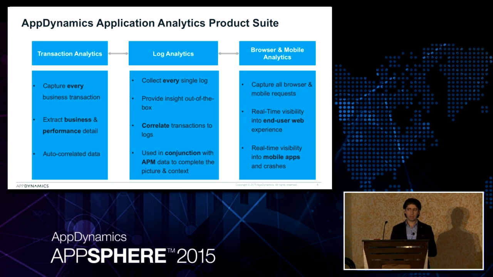We use log analytics in conjunction with APM to give you a better picture and some forensic information around your data. And we are also offering browser and mobile analytics, so we give you real-time visibility into end-user web and end-user mobile.